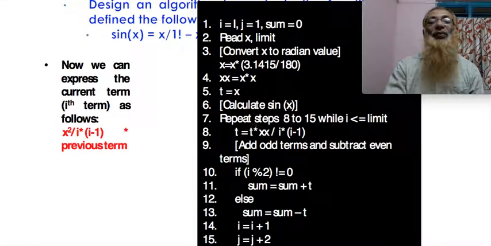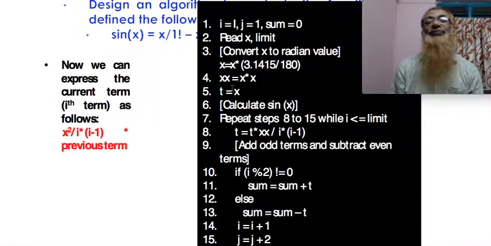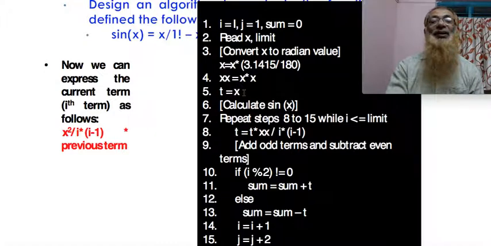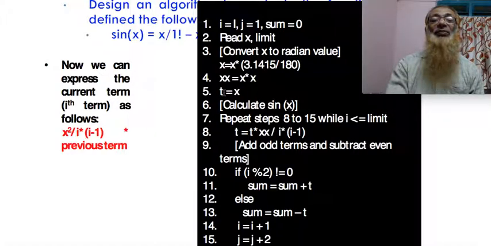So when we iterate this, at the beginning we have the initial value t equal to x. X by 1 factorial is x, and the first term is given to t. Remember, we have outlined the steps earlier to arrive at this technique.